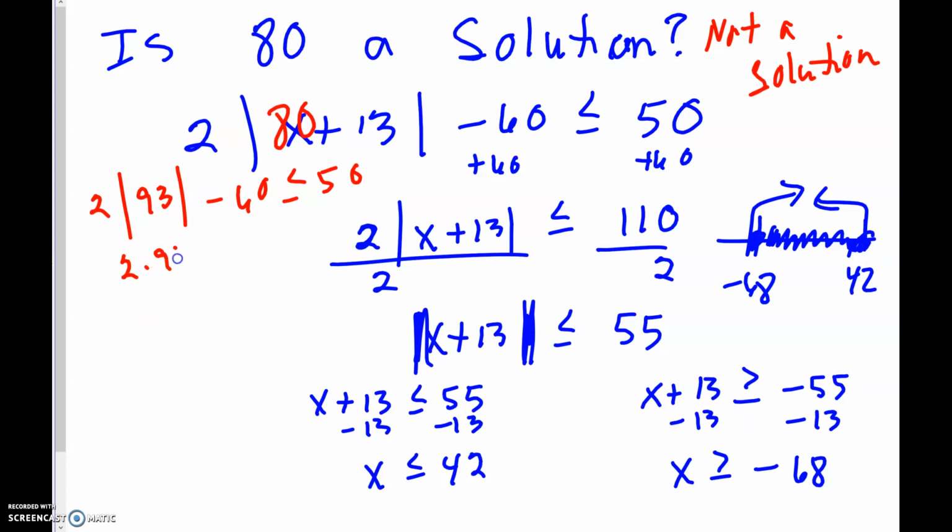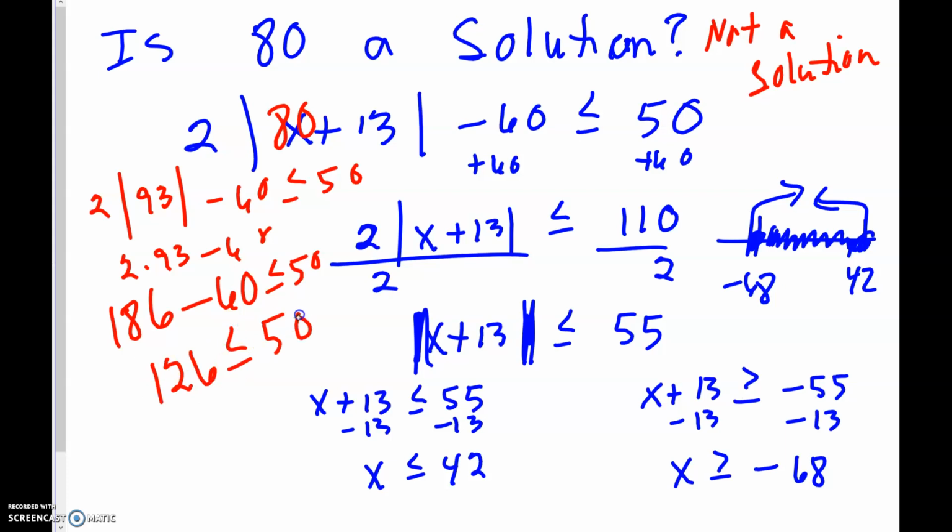So 2 times 93 is 186, and 186 minus 60, is that less than or equal to 50? So now if I subtract 60, I'm at 126. Is 126 smaller than 50? Is it less than? And the answer is no, it's not, so it is not a solution.